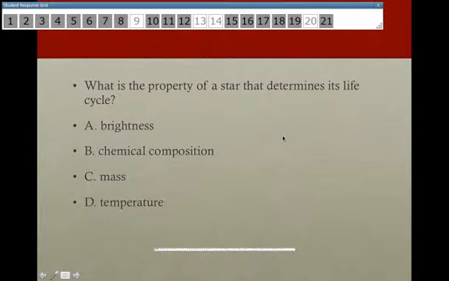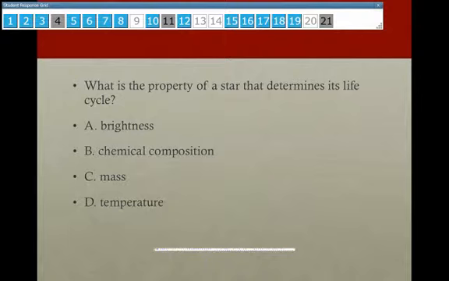What property of a star determines its life cycle? This one has two that would be right. We didn't really talk about this one either, so no, there's not two that are right.